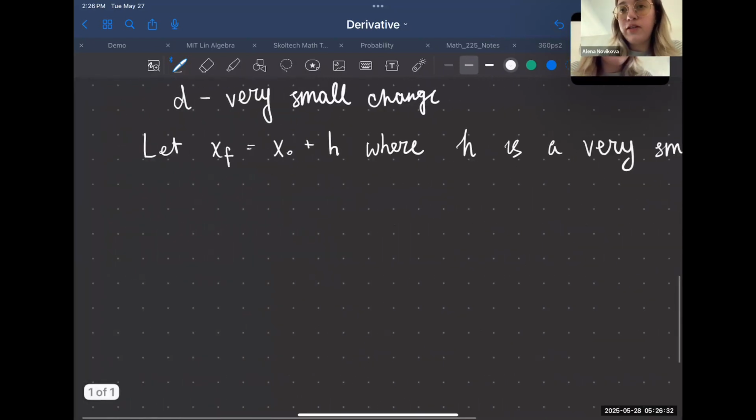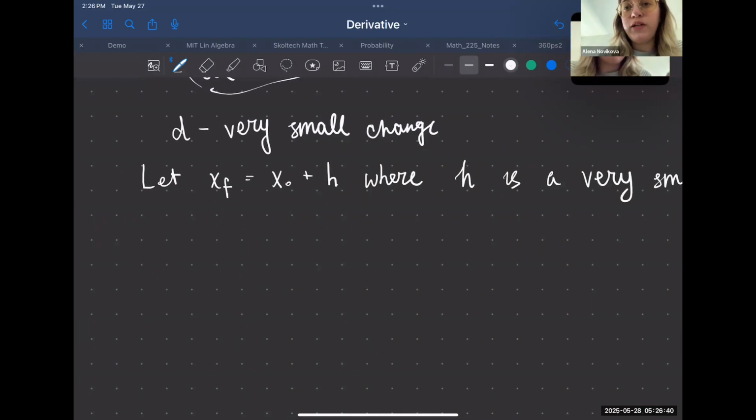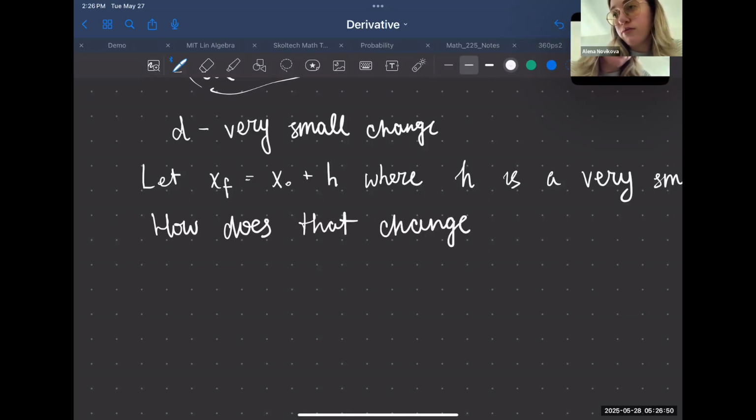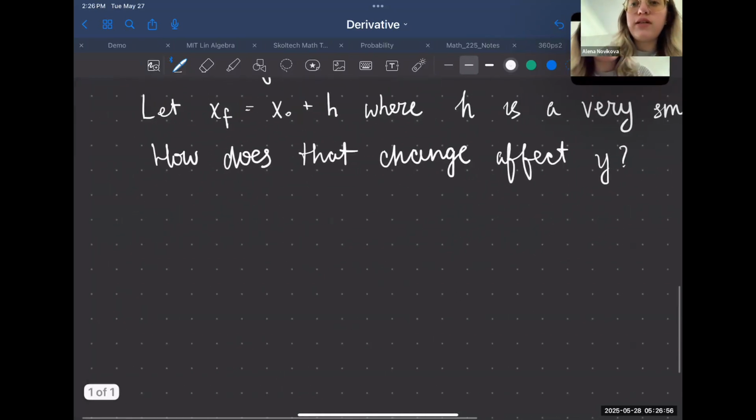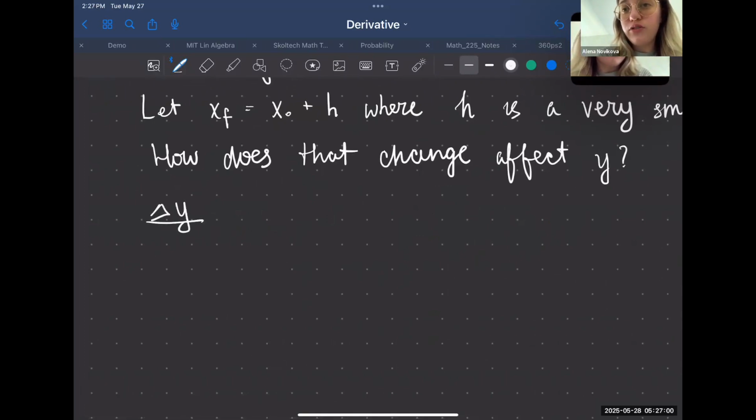Okay. What we're asking is, how does that change affect y? Okay, so we can start again with this notation of delta y over delta x.